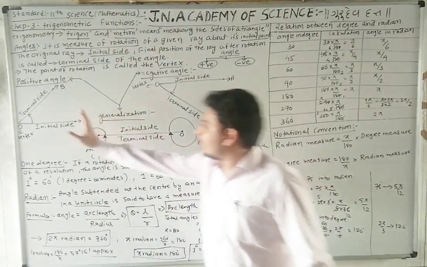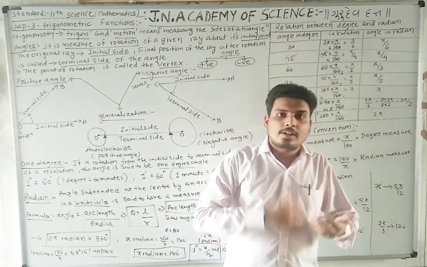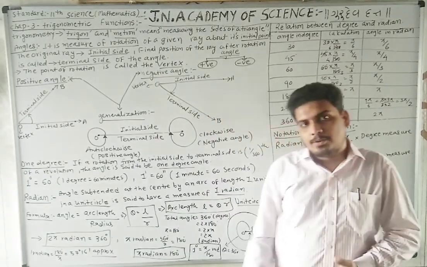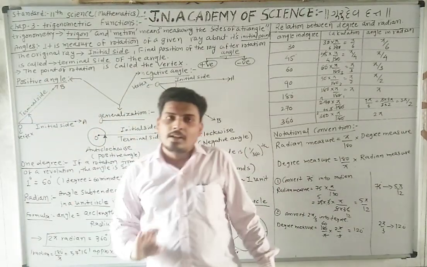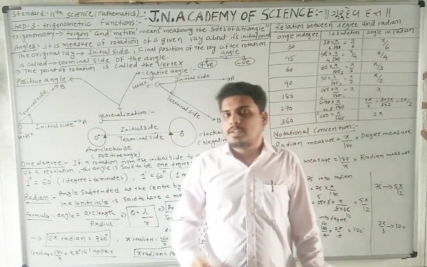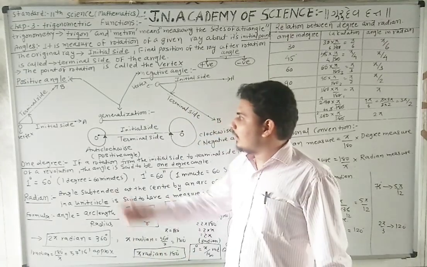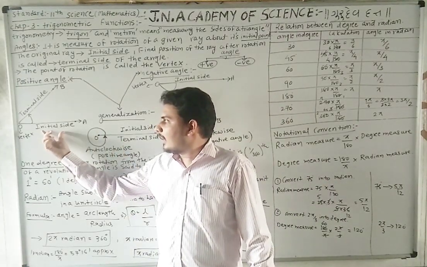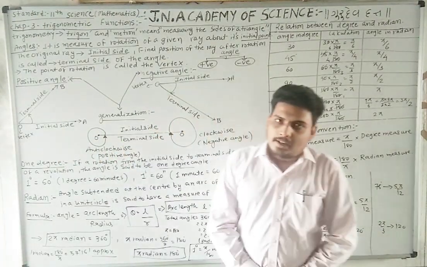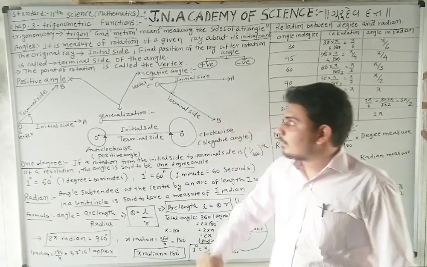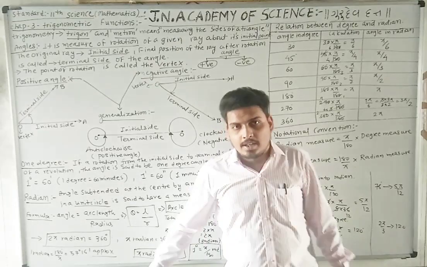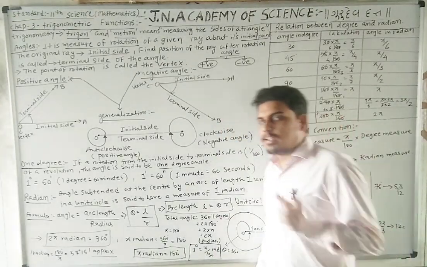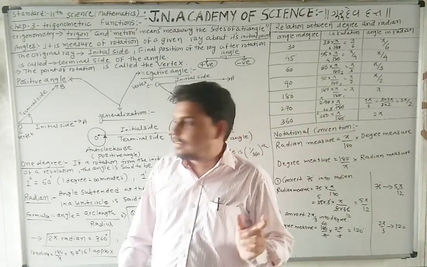This is the terminal side, after the rotation. When we apply rotation we get a final position known as the terminal side, and the initial position of the angle is known as the initial side. So remember, an angle is nothing but the measure of rotation, or in short, the angle of rotation.